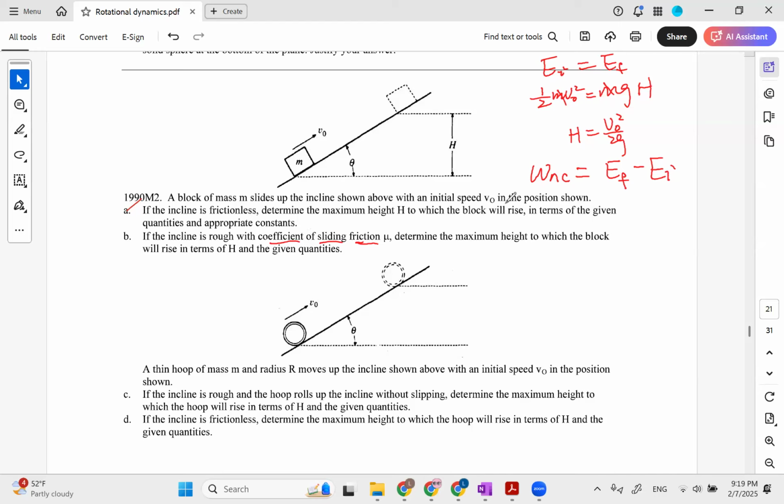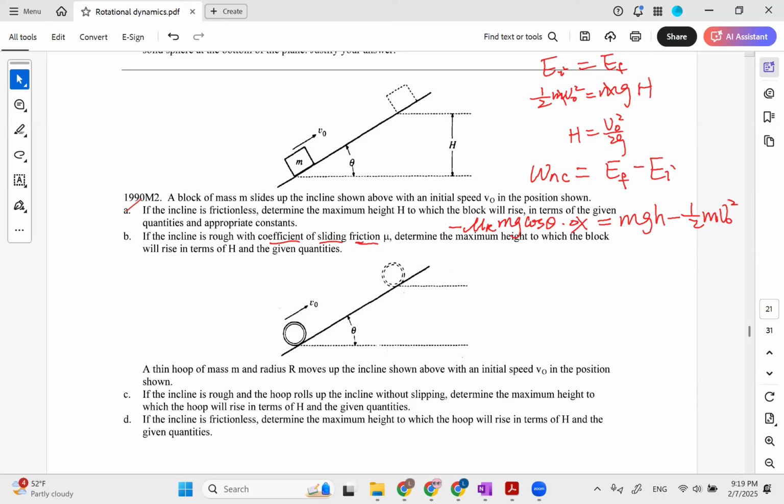Then it will be work done by friction, which is negative mu k mg cosine theta times delta x. That's work done by friction. And then final will be mgh minus initial, which is total kinetic energy. Right, Jameson?